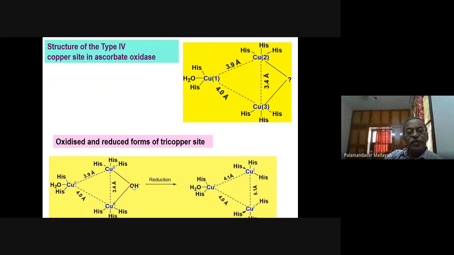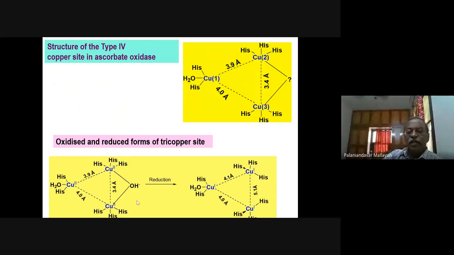And when it is reduced, from the tricopper site, the reduced site, they are all present in the copper 1 oxidation state. And see, this distance is increased. This is a hydroxide ion I talked about, X minus, which links these two coppers. So we have two forms of ascorbate oxidase involved in the binding.